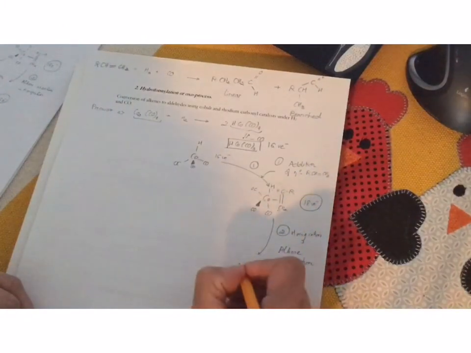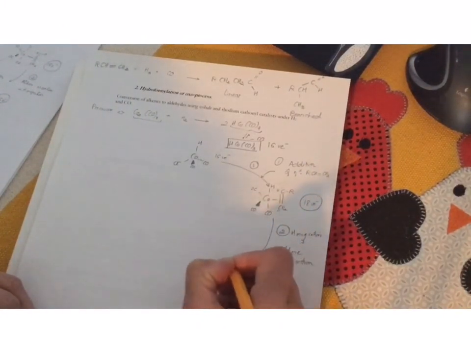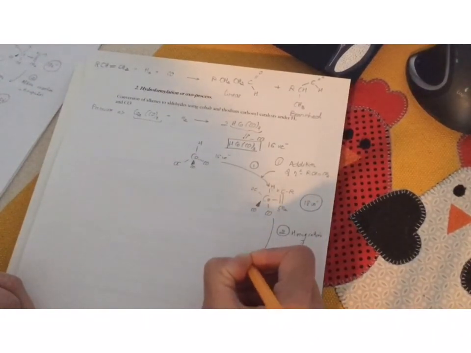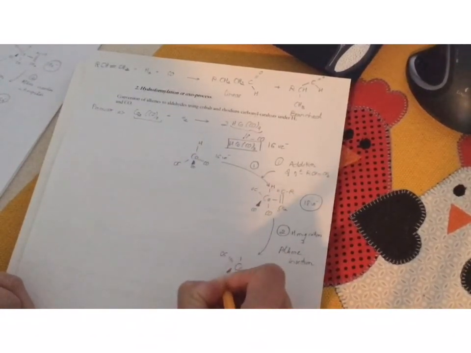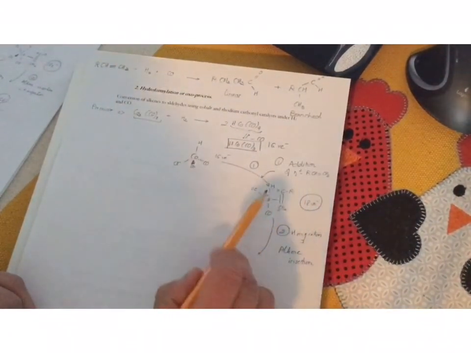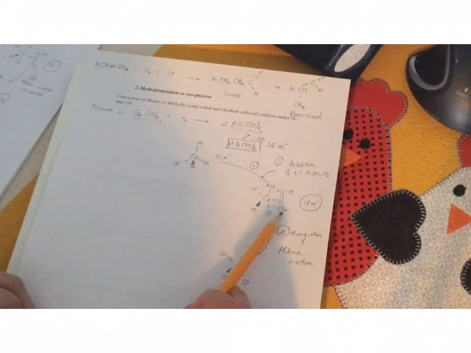So if we actually draw what the resulting complex will be, right? We'll then have obviously a CH3, right? And then my cobalt will be still connected to the CH and R group.